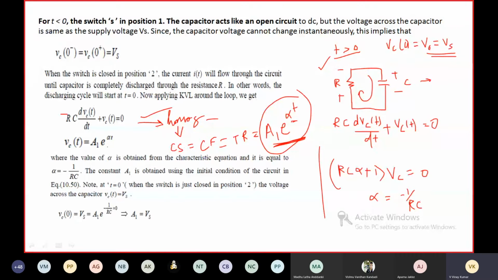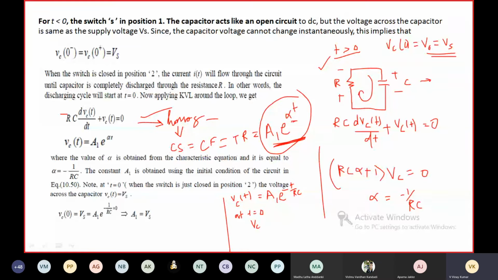Then you have the equation Vc of t is equal to A1 e power minus t by RC. To find A1, let us use the initial condition, at t is equal to 0.